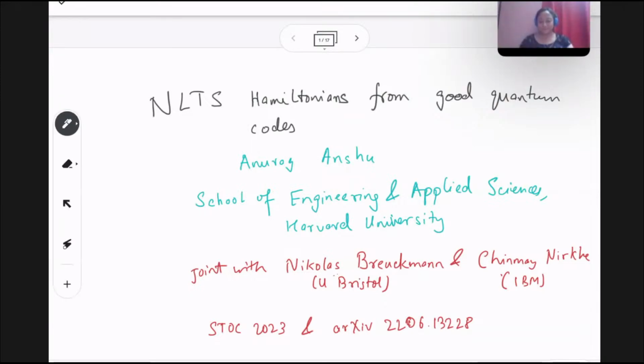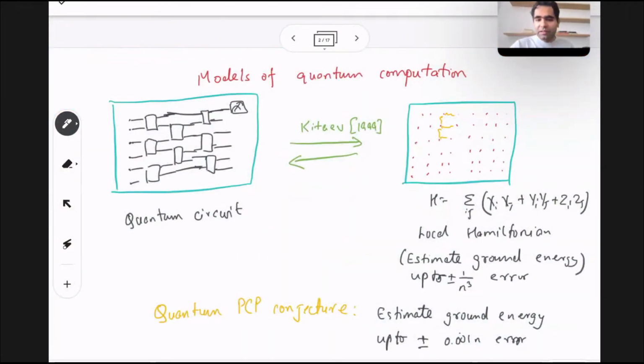All right. So this is joint work with Nicholas Brookman at U Bristol and Chinmay Nirkhe at IBM. Here's the arXiv link for it. This talk consists of a collection of topics which include quantum complexity theory, local Hamiltonians from physics, and also quantum error correction.